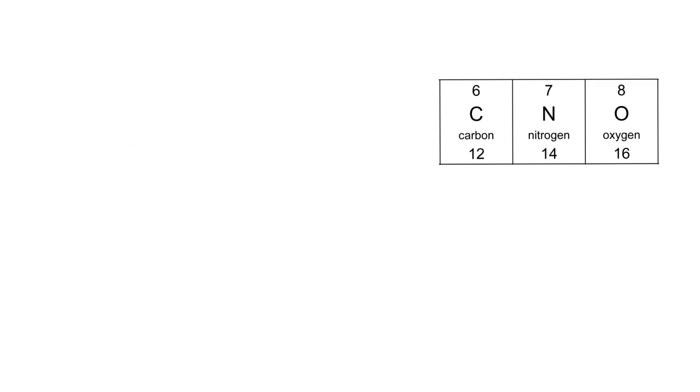Why is a mole exactly 6.02 times 10 to the 23rd of something? Well, that corresponds to the periodic table, or the MR of the elements that are there. So the MR for carbon is 12, for nitrogen it's 14, for oxygen it is 16.